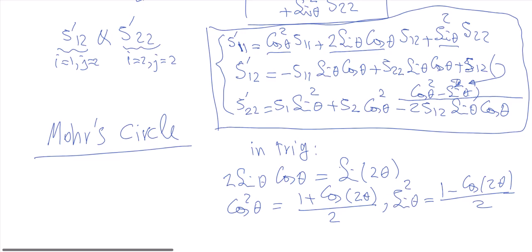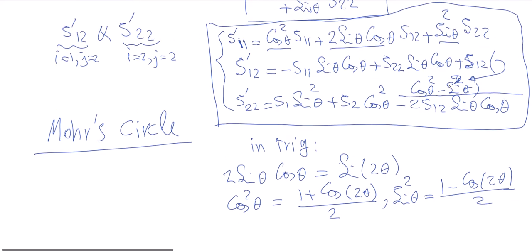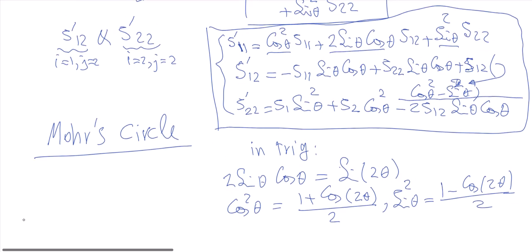It is a lot of algebra here. I will not go through it. But once you do that, and then come here and form the expression of s prime 11 square plus s prime 12 square.